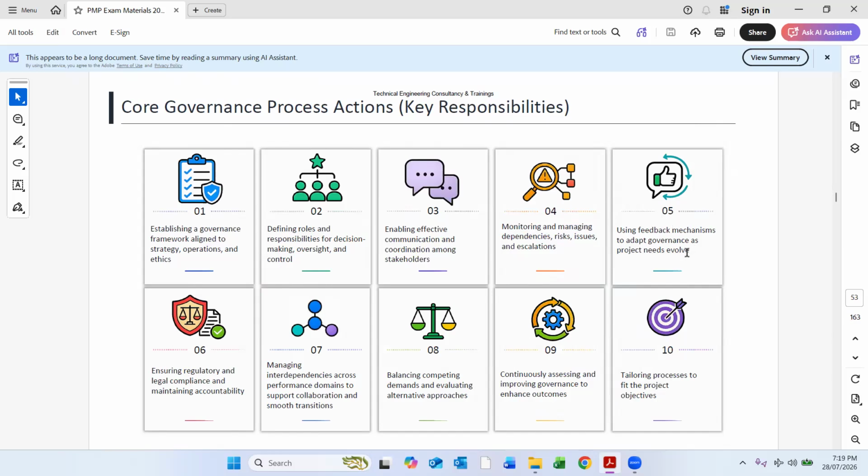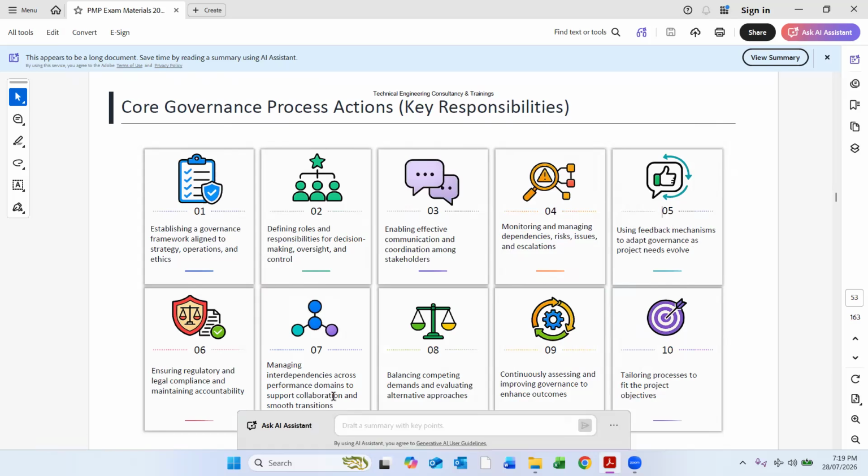A feedback mechanism should be there, from the staff or from the stakeholders, to adapt the governance, so we should make changes to adapt our governance style. Then regulatory and legal compliance should be there.